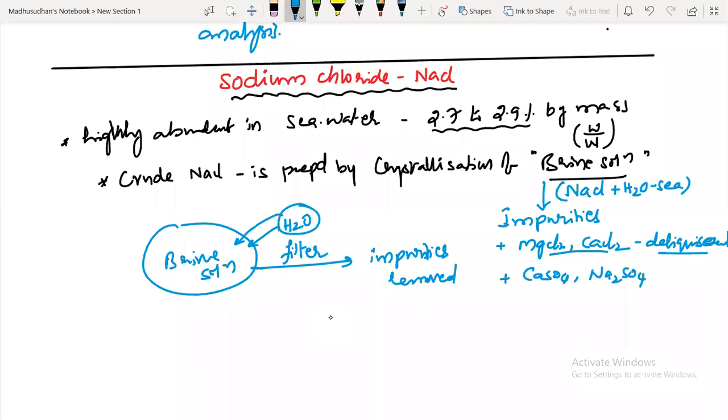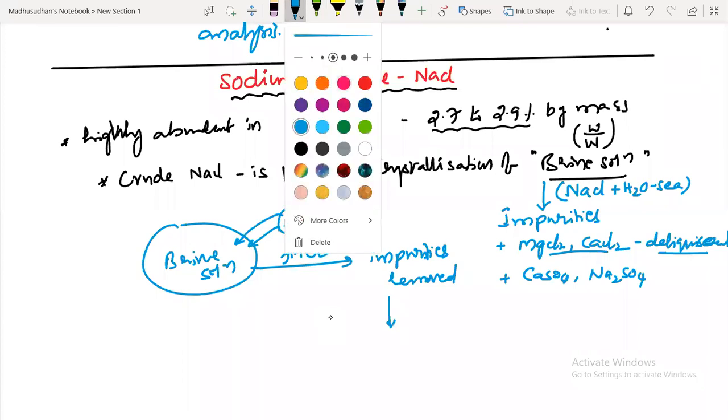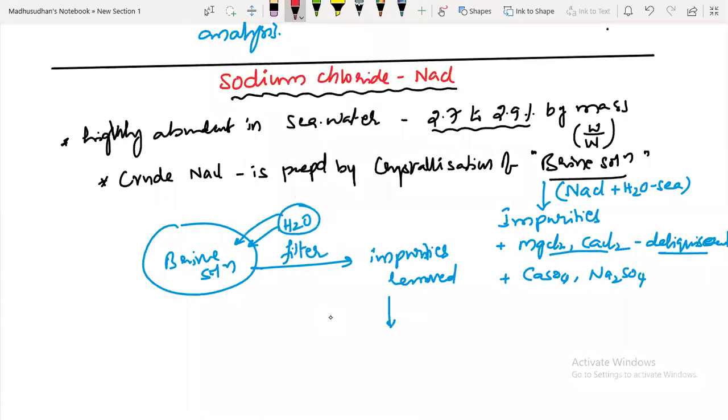After impurities removal, this is the actual equation. Then the solution is saturated with hydrochloric acid.